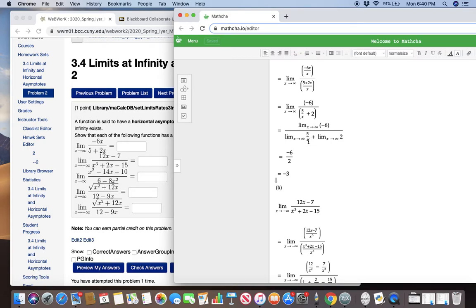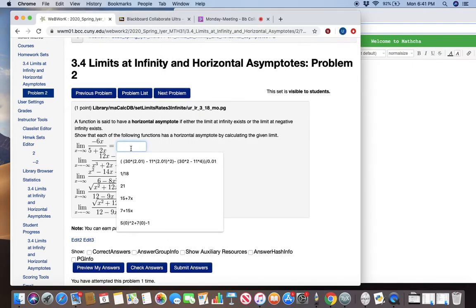Any number over x as x approaches infinity gives me 0, whereas 2 stays 2 because it is a constant unaffected by x. So negative 6 upstairs, and downstairs 0 plus 2. Negative 6 over 2 is negative 3. So I'll put in negative 3.